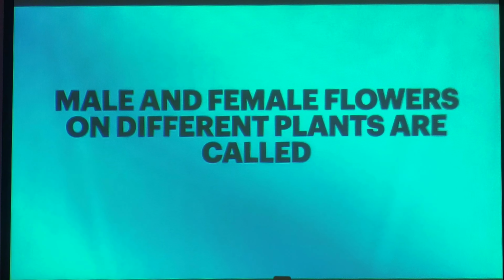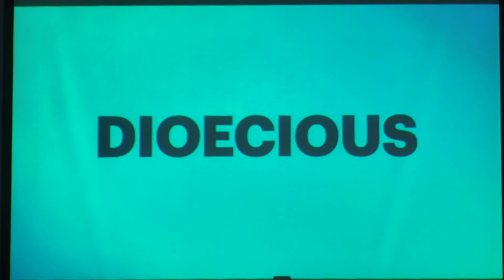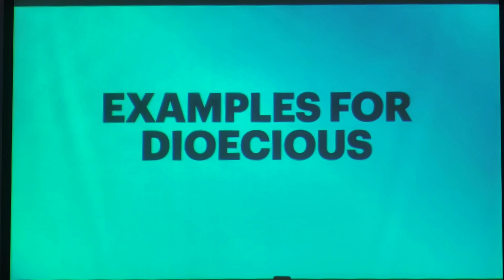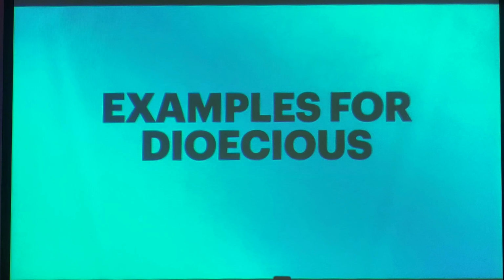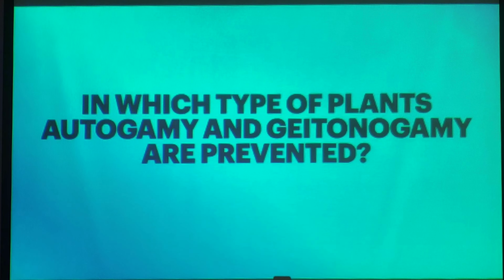Male and female flowers on different plants are called dioecious. Examples for dioecious: Borassus, Carica and Phoenix. In which type of plants autogamy and geitonogamy are prevented?